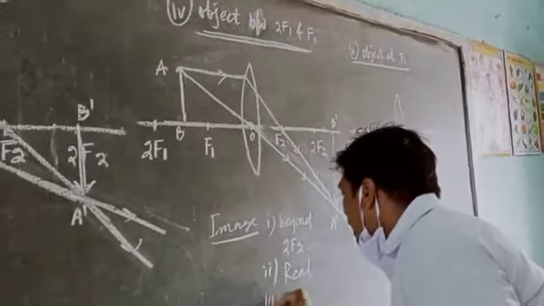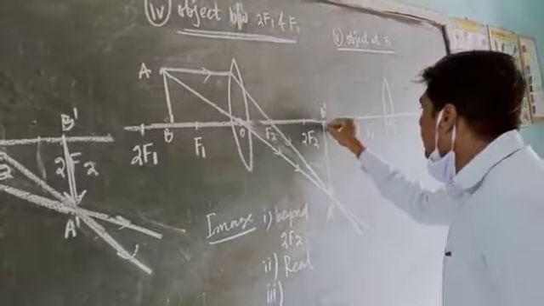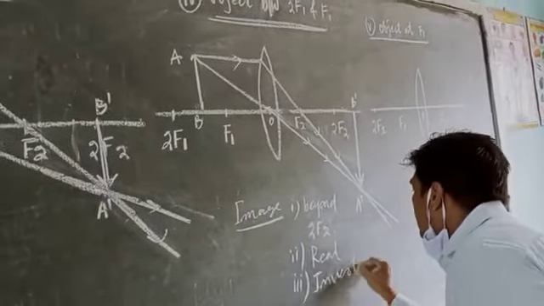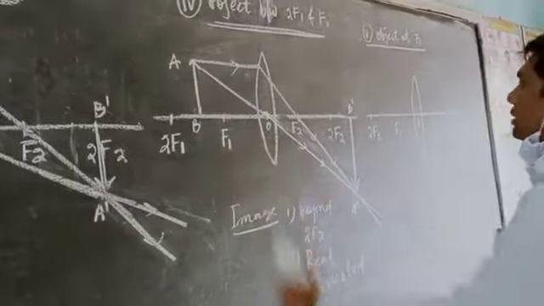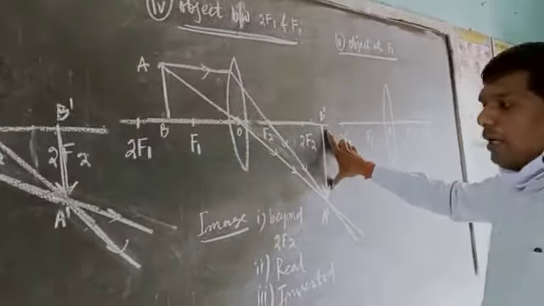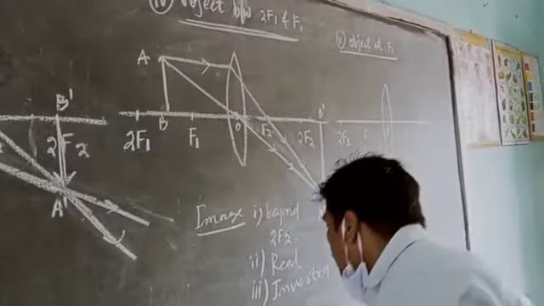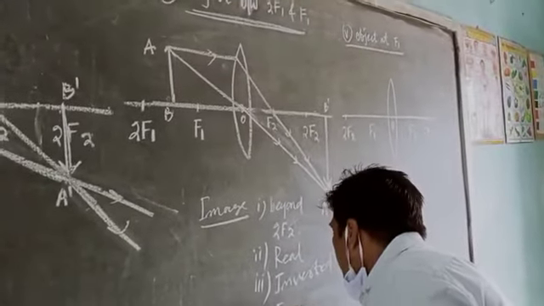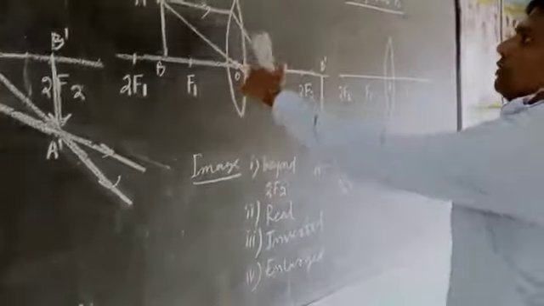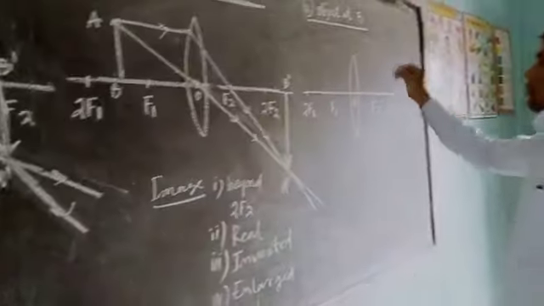And third, if it is real, then it is inverted. And the size of the image? See here, the size of the image is magnified, or enlarged. So this is for case 4.